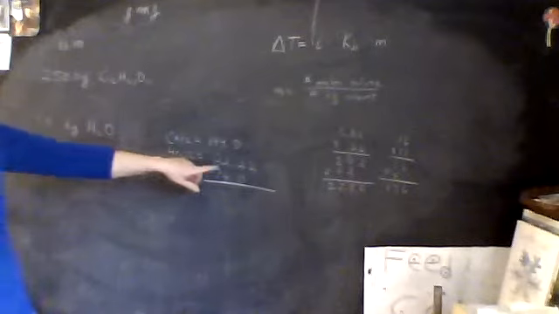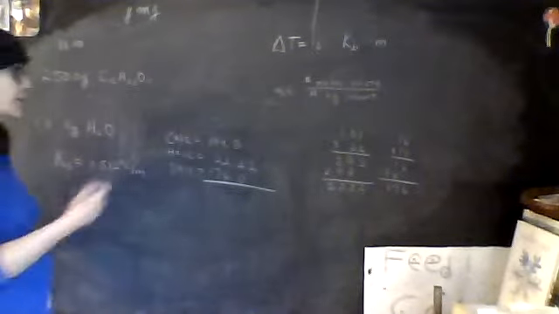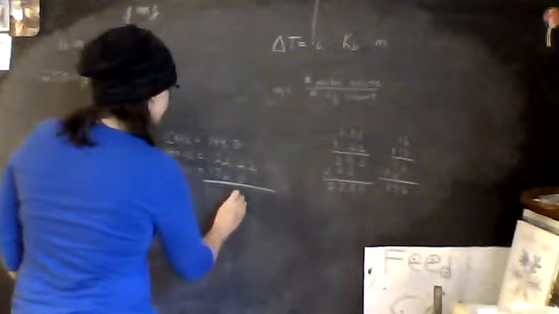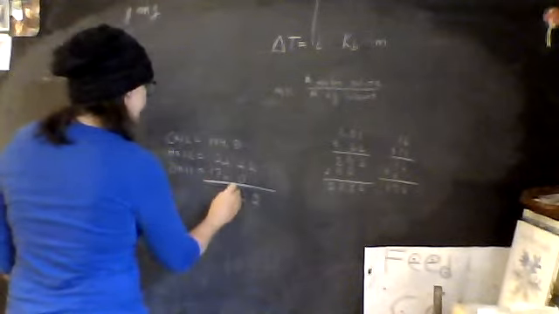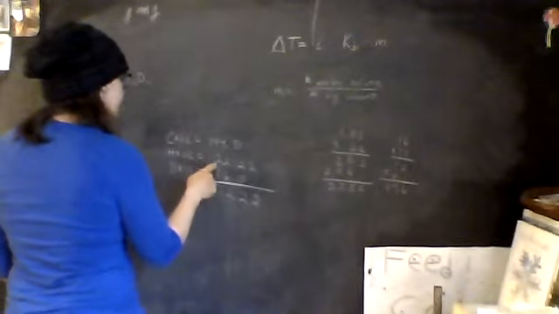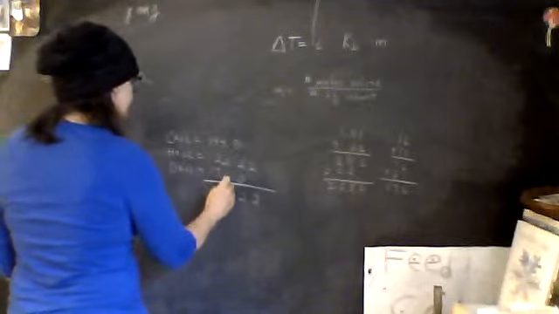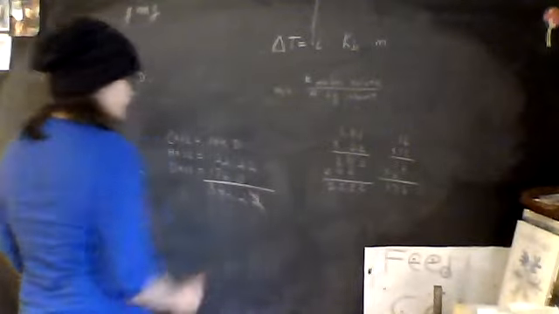Right? We've got 144, 22.22, and 176.0. We want to report precise to tenths. That's 342.2 grams per mole.